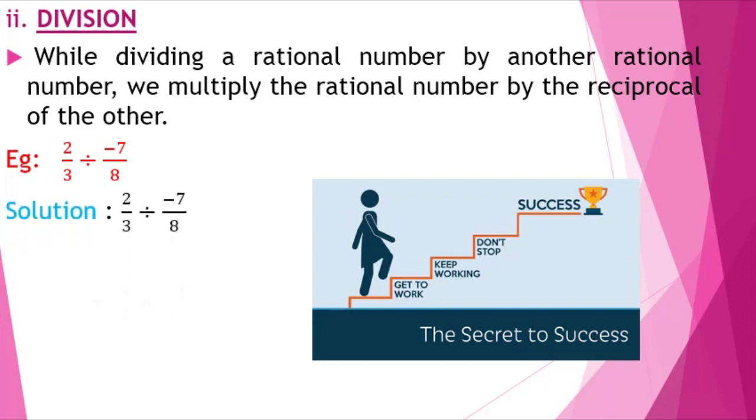That is 2 by 3 multiplied by the reciprocal of minus 7 upon 8, that is 2 upon 3 multiplied by minus 8 upon 7. Now 2 multiplied by minus 8, divided by 3 multiplied by 7, gives minus 16 upon 21.